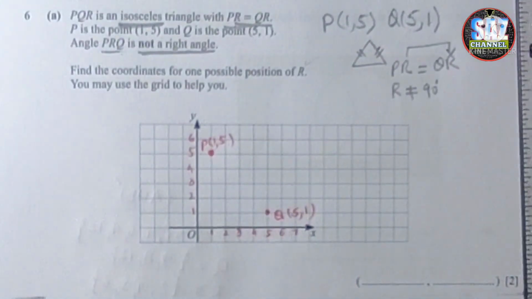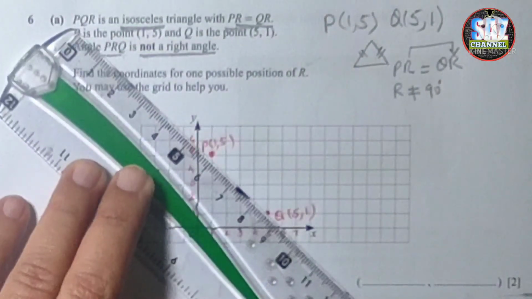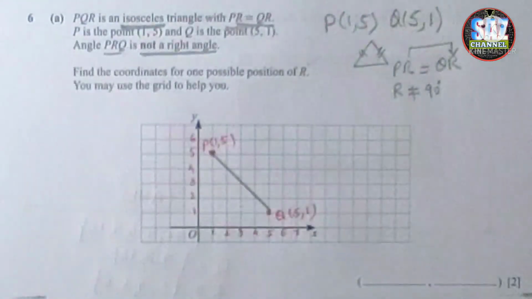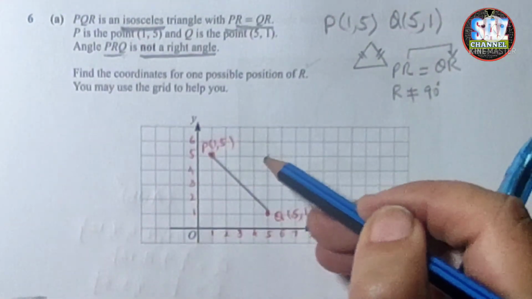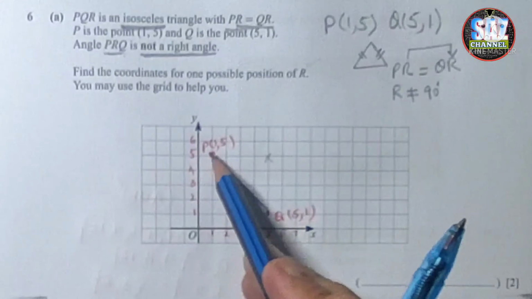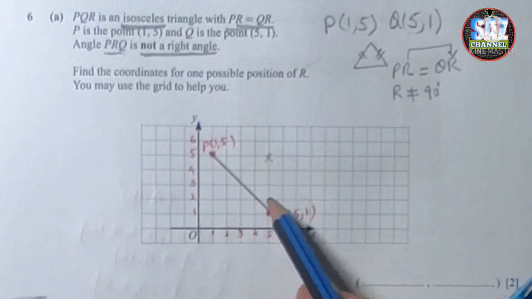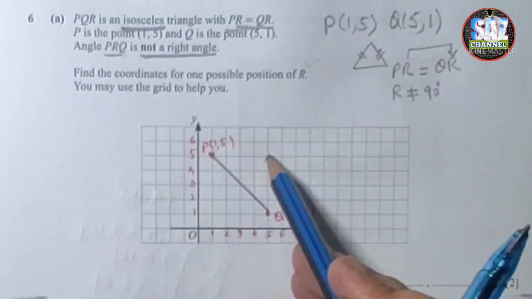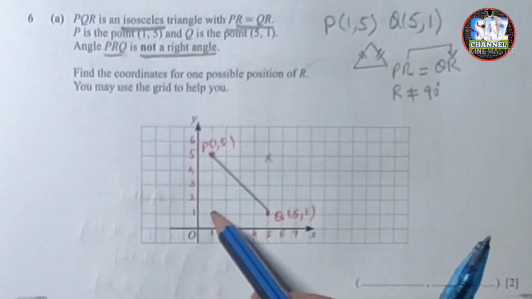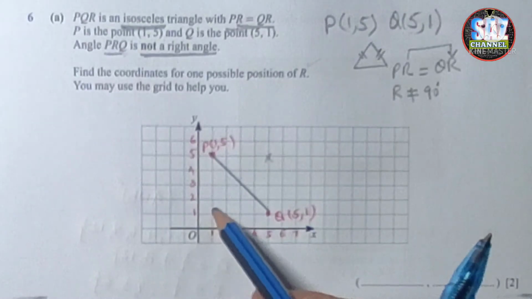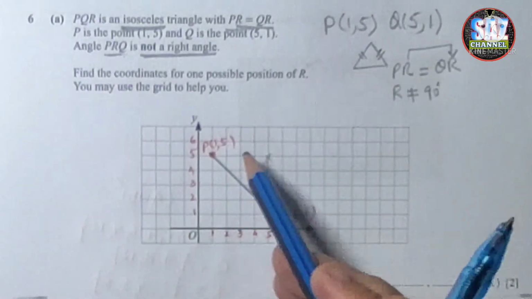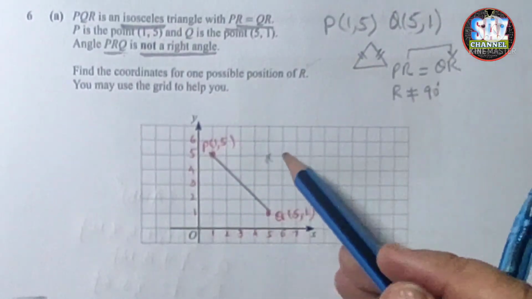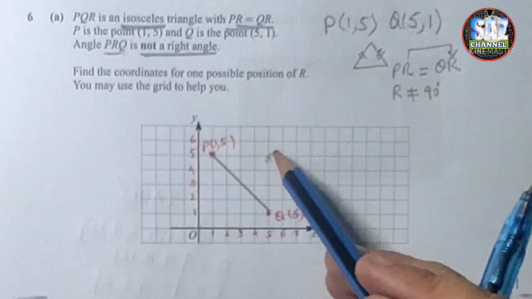Now first let's join these two points and see the situation of point R. If I keep point R at this place, okay, do observe, I will not draw the line here. I will just discuss that if I keep point R here or at this place, it will give me an incorrect answer, because when I join these places I'll be getting a right angle triangle. So that is not allowed.